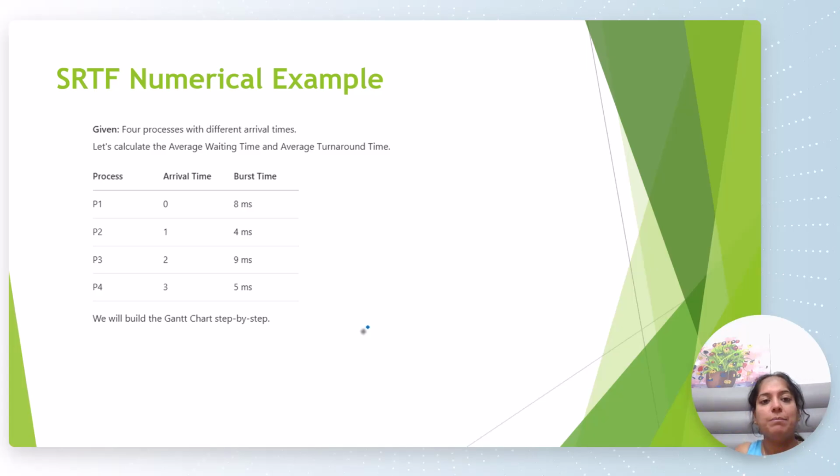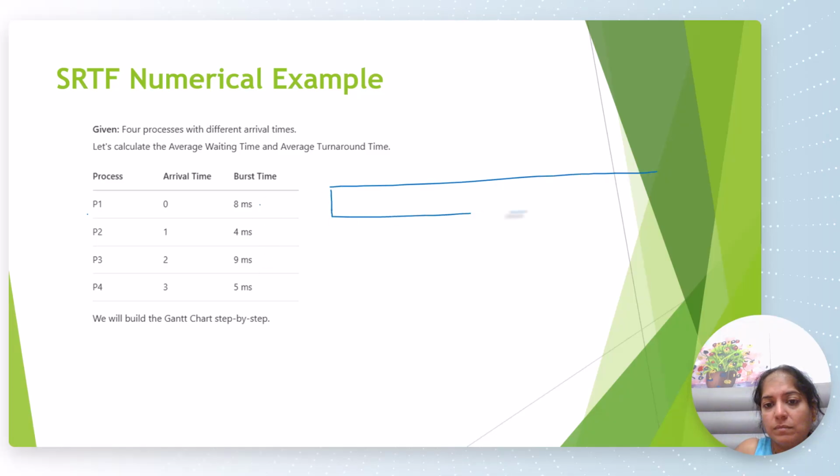Now, let's say for example, we have four processes P1, P2, P3, P4. Make sure to check carefully that their arrival times are different. In the previous examples, we took the arrival times as the same, 0. But now their arrival times are different, right? And their burst times are 8, 4, 9, 5. Now, at time 0, process P1 reaches the ready queue, so it will start executing because this is the only process.